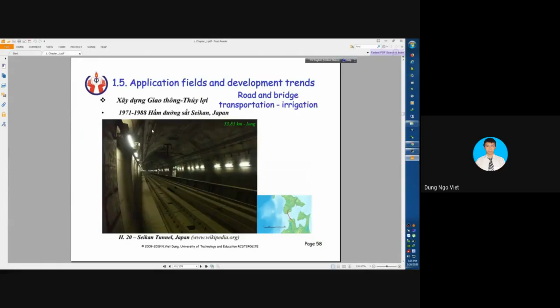And this is the tunnel in Japan, Seikan Tunnel in Japan, and it connects the islands of Japan. So it's very long, about 53 kilometers.